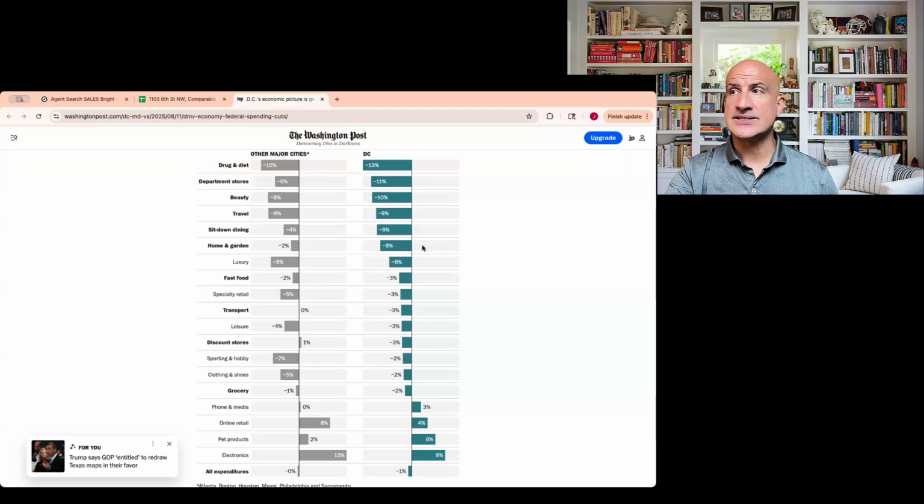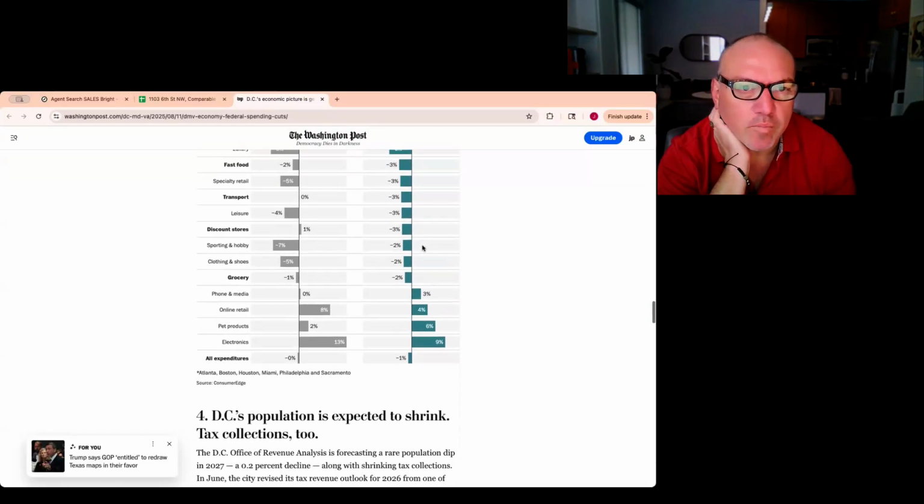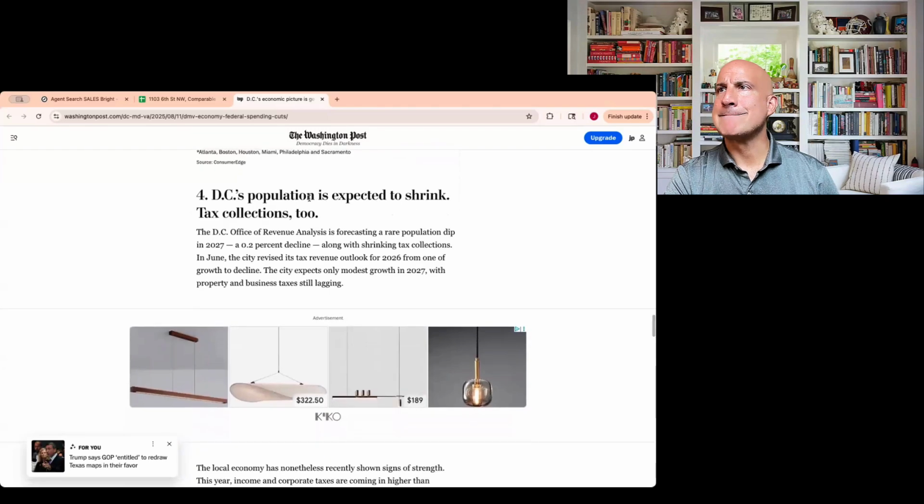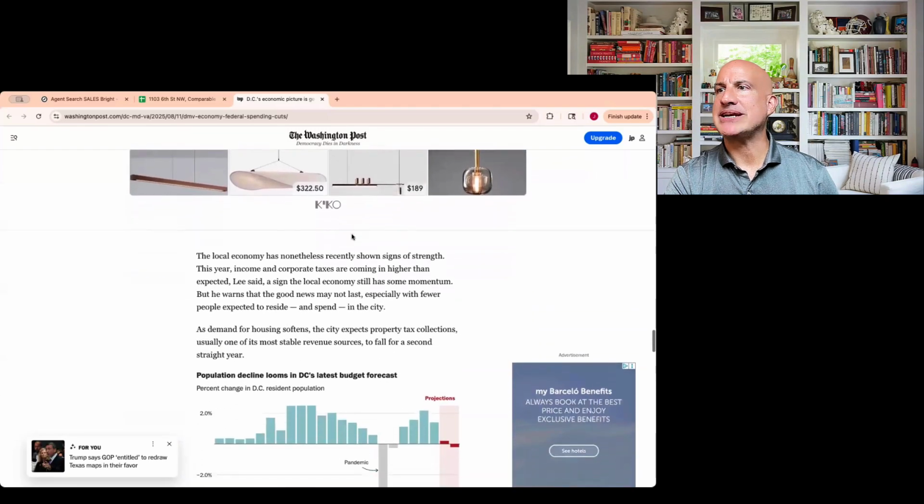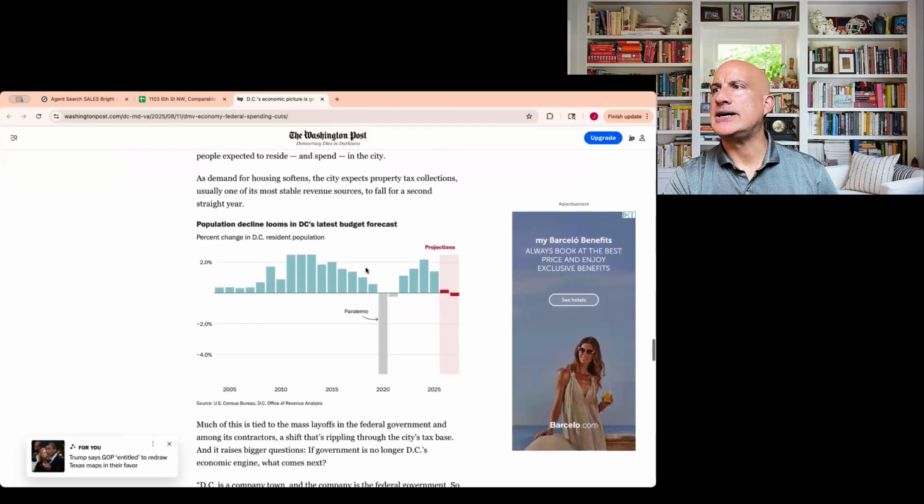I think this statistic may be the most important of everything in this entire article: right here in the DMV, we are 6% slower in home and garden spending than the nation at large. DC's population is expected to shrink.